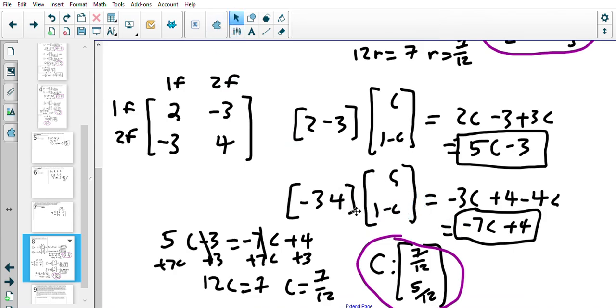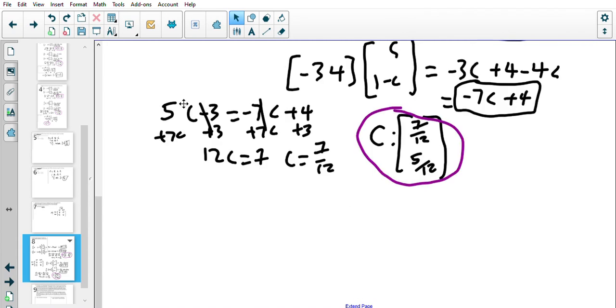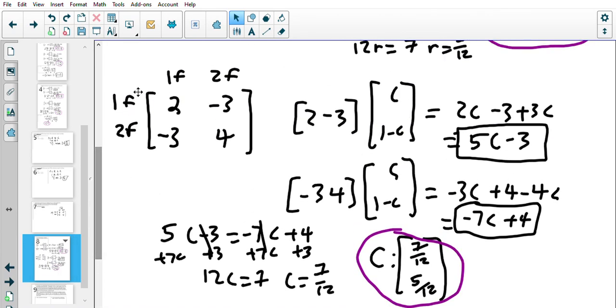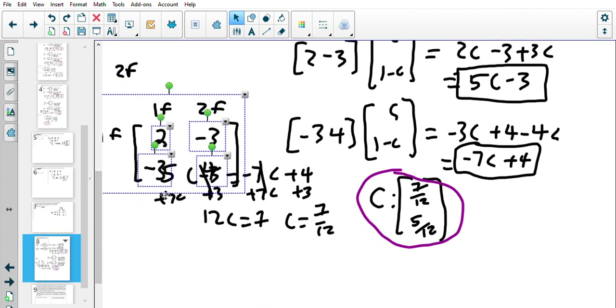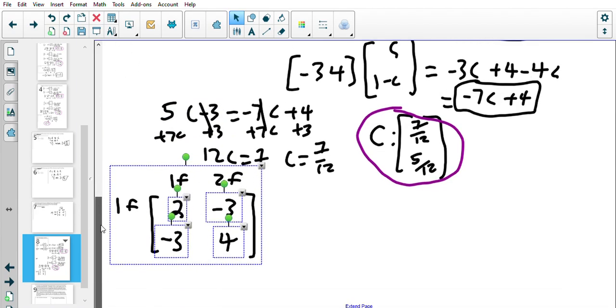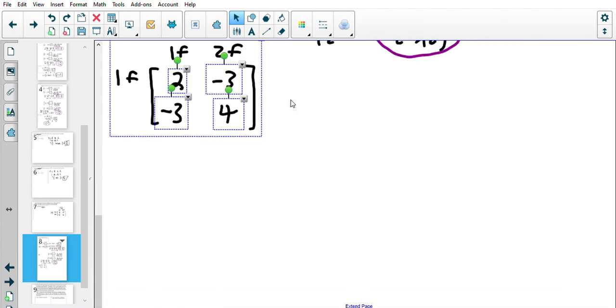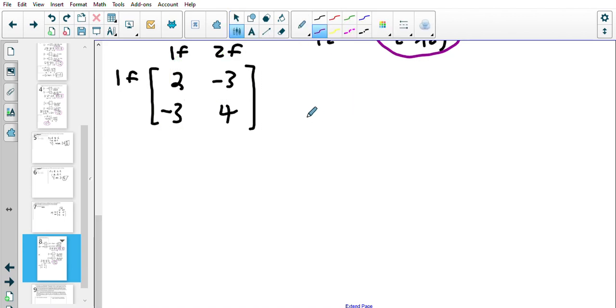And the last thing we need to find out is what is the value of the game, assuming that they both play the optimal strategy. So I'll bring our game down so that we can see it. Right, so our value is going to be row times game times column.